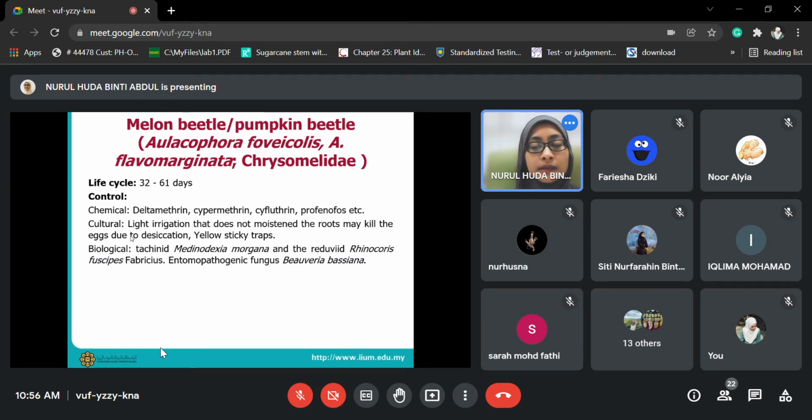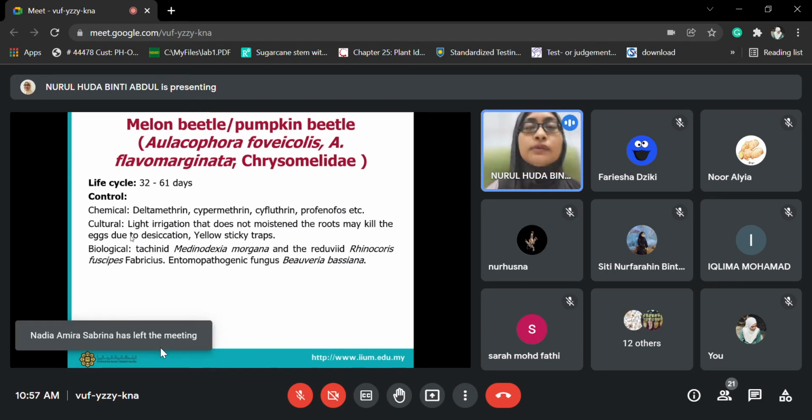And then there are also Reduvidae, which are hemipterans. Previously I already mentioned the assassin bug. Assassin bugs, so that is Reduvidae, and there are also other organisms like the fungus Beauveria bassiana. We can use it to control these insects since it has entomopathogenic properties, meaning that it will become a pathogen to the insects. It will cause some sort of damage or maybe cause a disease to the insects.